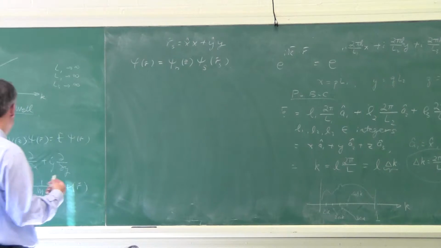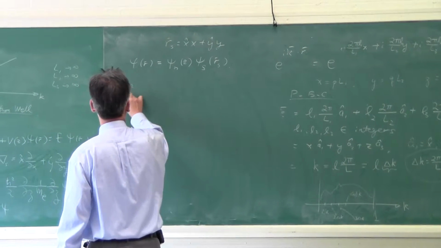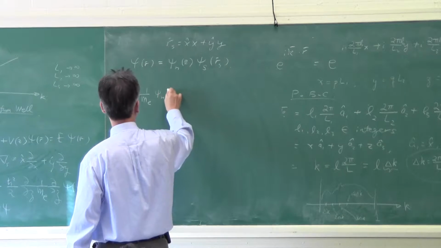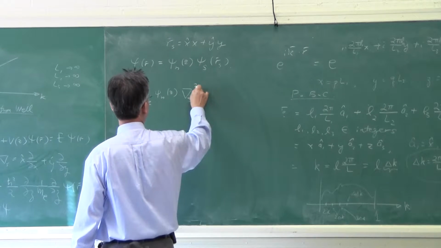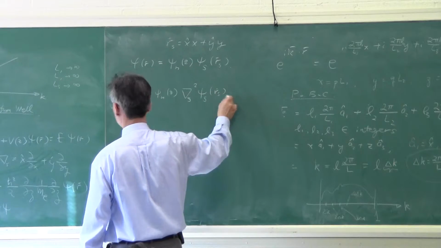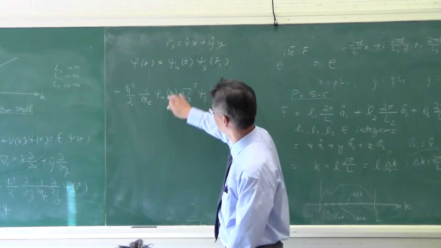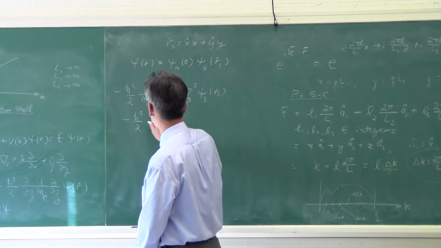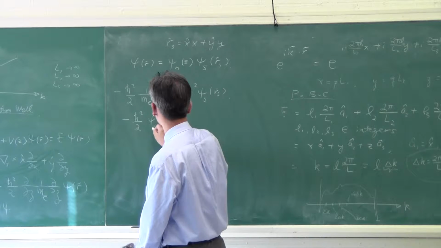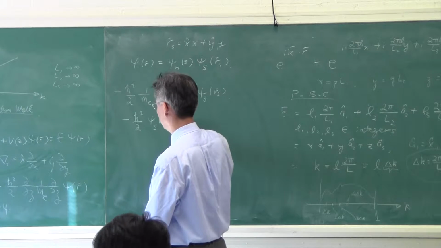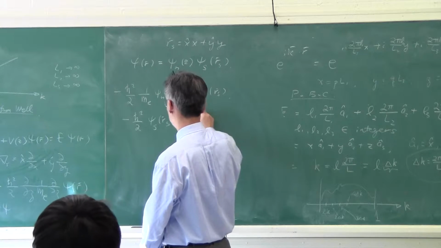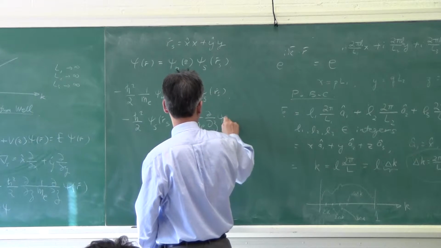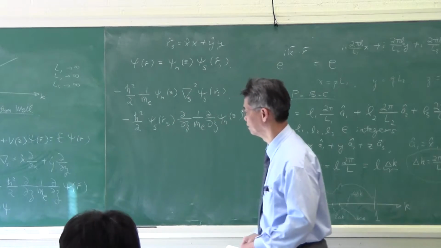You will have an equation that, if I go into the detail, will be something like this. Phi nz times the Laplacian squared of phi s of r s. This is what happens to the first term. You can take this phi nz outside. The second term, you can take the phi s outside, and then you have the phi nz inside that you have to leave behind.